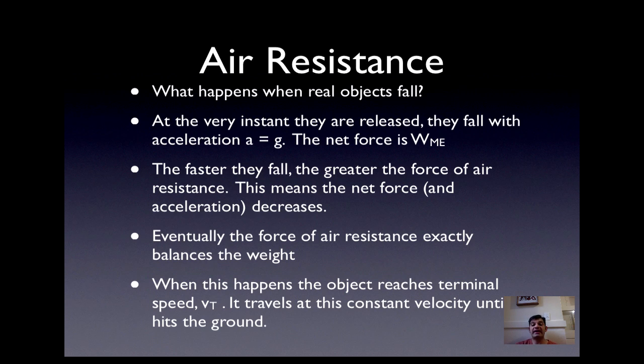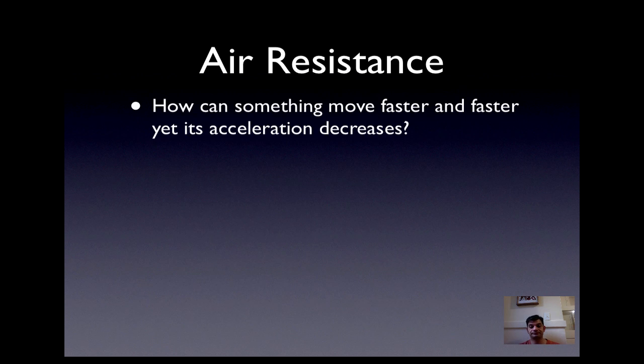What happens then is that the object is at a speed called its terminal speed. It travels at that speed until it hits the ground, because now there's no net force on it, but it's already moving. So according to Newton's first law at that point, the net force is zero. So if there's no net force on the object, it travels at this terminal speed, which we call vt, and it travels at this constant velocity until it actually runs into the ground.